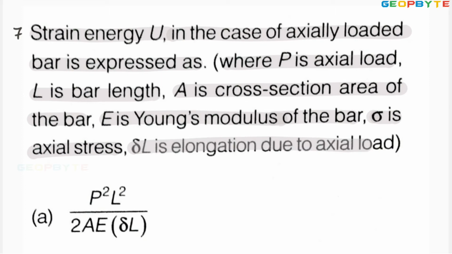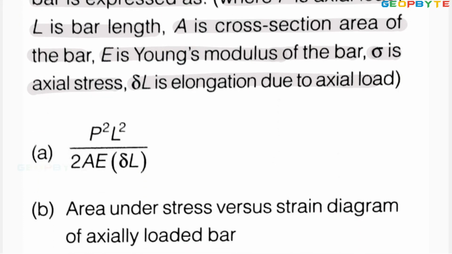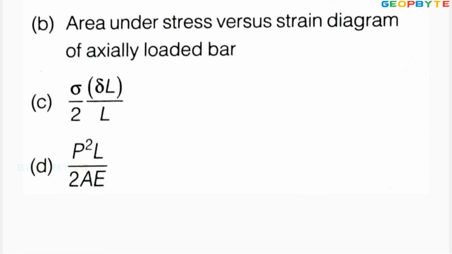Delta L is the elongation due to axial load. You are asked to find the strain energy in terms of load and length of the bar, but the problem is given for axial loading.